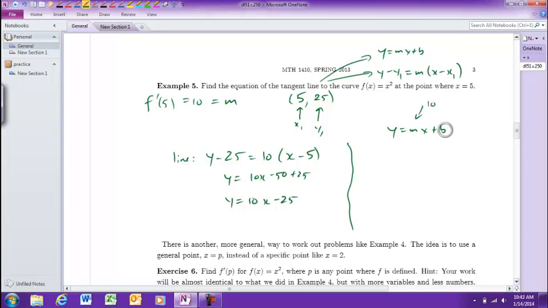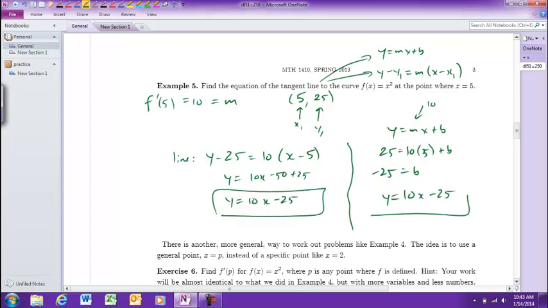All we need to know is the intercept, and to find that, you can plug in your y value of 25, m is 10, and your x value of 5. 10 times 5 is 50, subtract that to the other side, you get negative 25 equals b. So your final answer is y equals 10x minus 25, which is exactly what we got before. So either way you want to do it is fine.